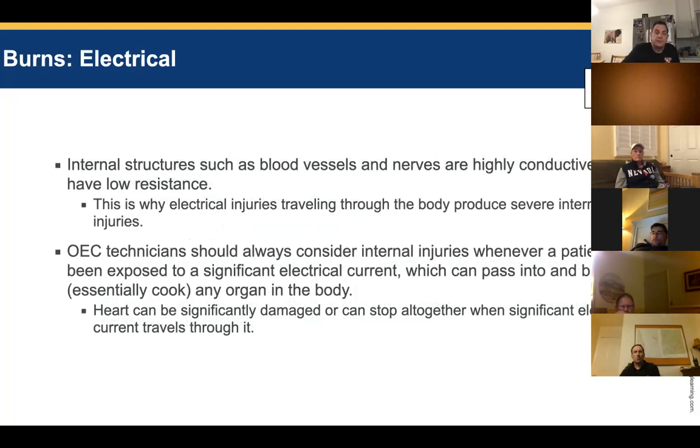Could you give some examples of electrical burns that may happen up at the mountain? Sure. People working on the lifts, there's high amounts of electrical needed to operate the lifts. So somebody could come in contact with high voltage.